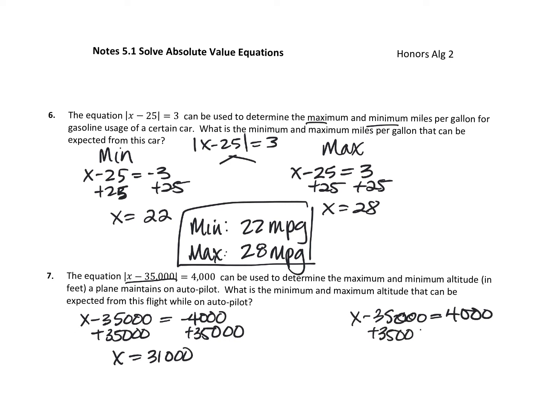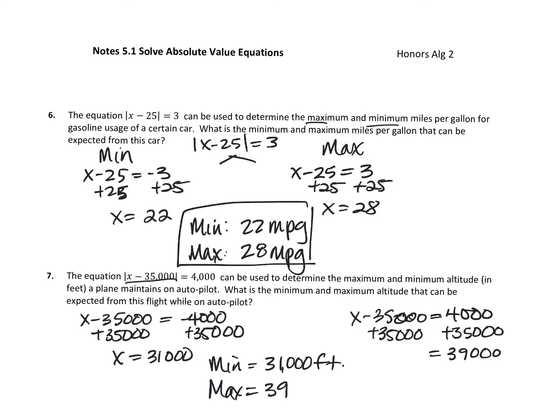Add that on both sides over here. So what does this mean? Well, the minimum then is 31,000 feet in altitude. The maximum is 39,000 feet in altitude.